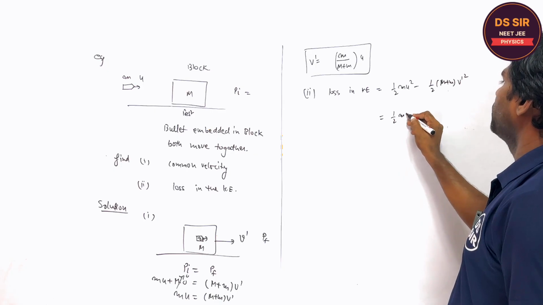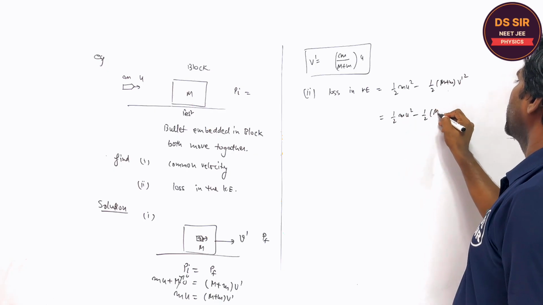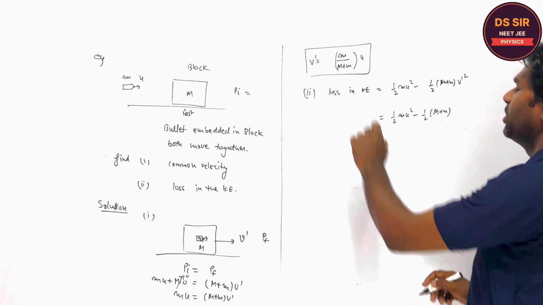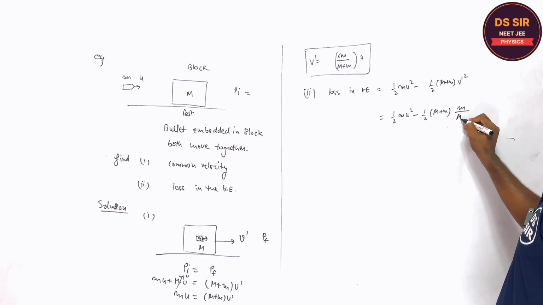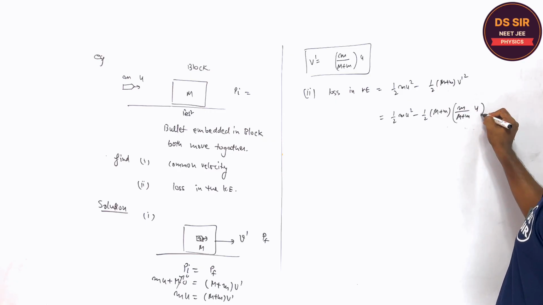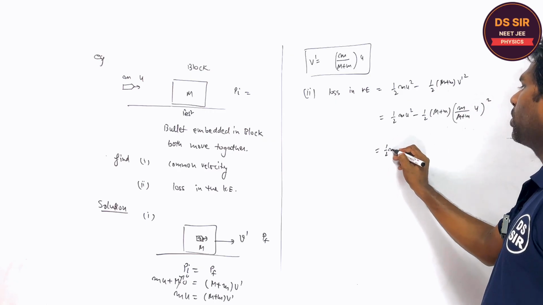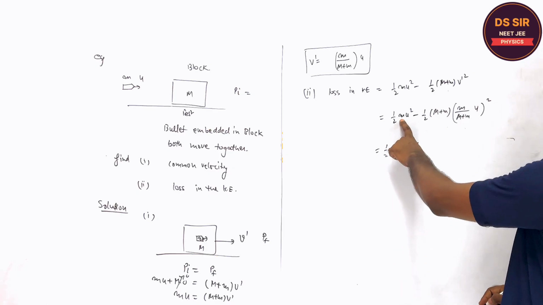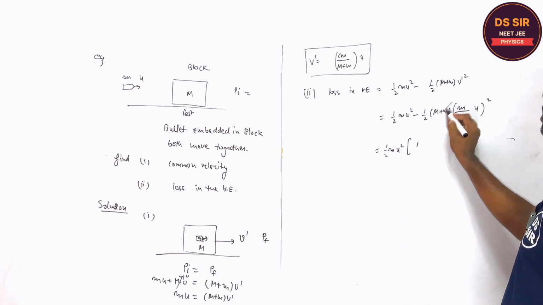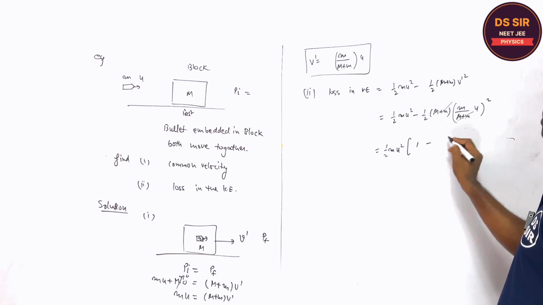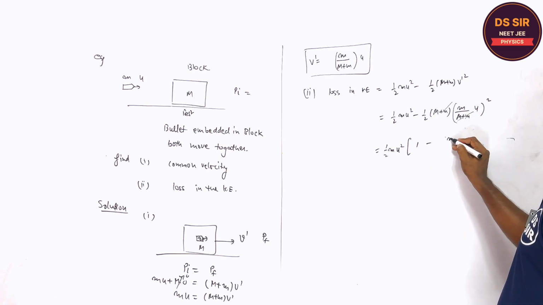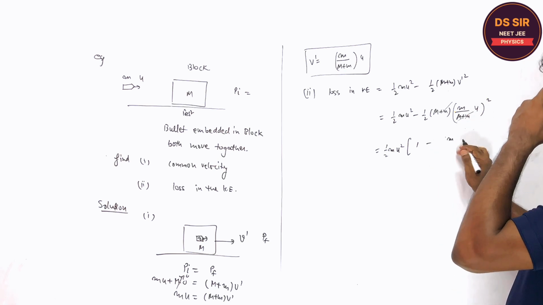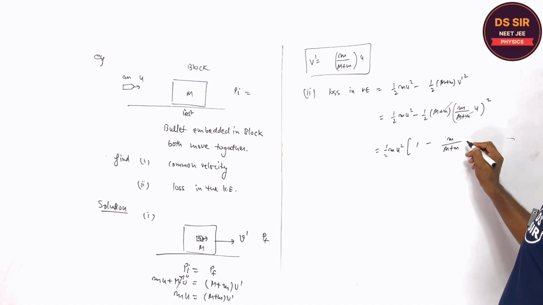So half m u square minus half M plus m, this is the value of v dash, u whole square. If you take common half m u square, here only the 1 will be left. From here it is the square, 1 power will cancel out, minus m into m upon M plus m.